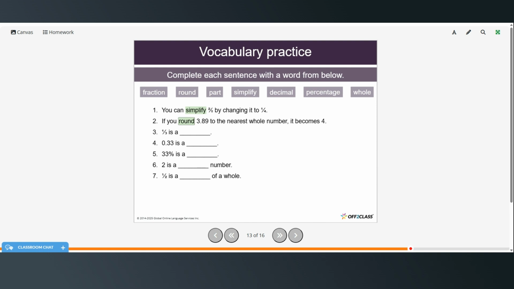If you round 3.89 to the nearest whole number, it becomes 4. 1/3 is a fraction. 0.33 is a decimal. 33% is a percentage. 2 is a whole number. And 1/2 is a part of a whole.